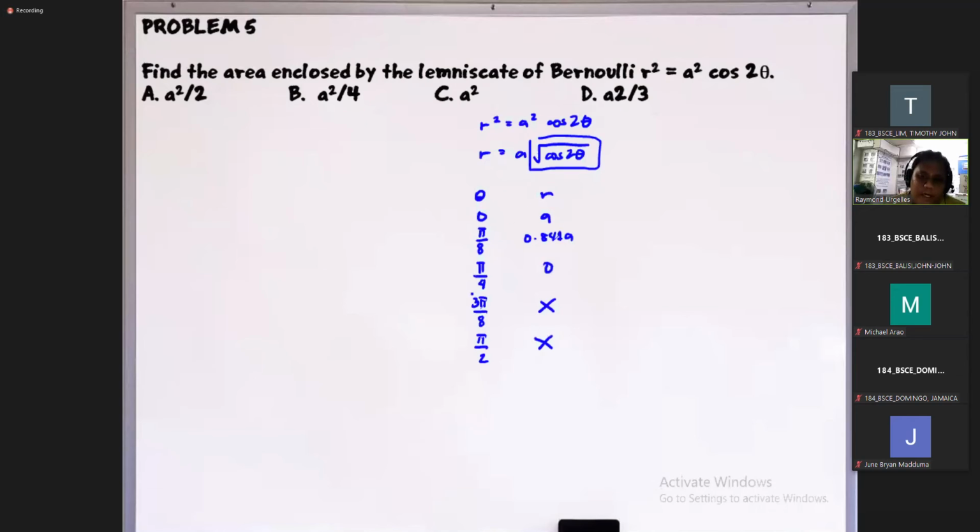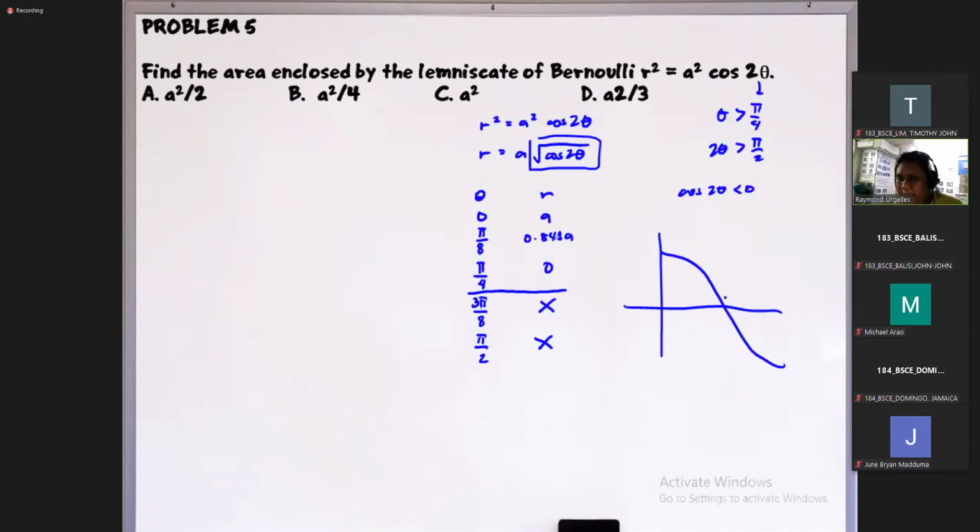So this means our values only go up to pi over 4, which makes sense. What happens when you go past pi over 4? If our theta is greater than pi over 4, then 2 theta will be greater than pi over 2. Once you go past pi over 2, the cosine of 2 theta will be less than 0, because the graph of cosine looks like this, and this is pi over 2.